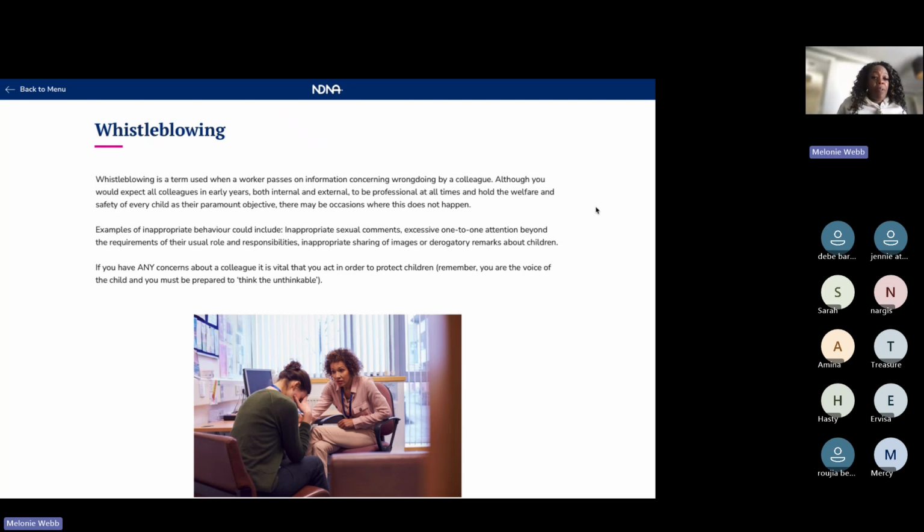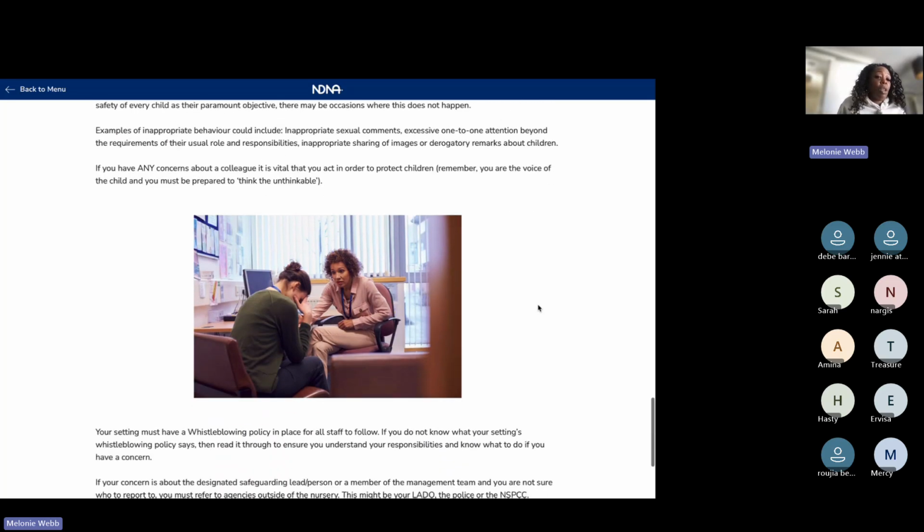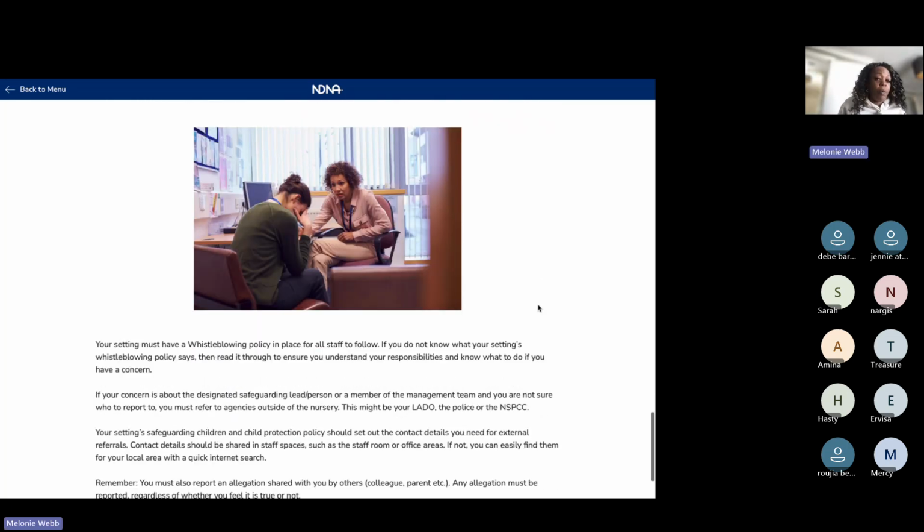Examples of inappropriate behaviour could include inappropriate sexual comments, excessive one-to-one attention beyond the requirements of the usual role and responsibilities, inappropriate sharing of images, or derogatory remarks about children. If you have any concerns about a colleague, it's vital that you act in order to protect children. Remember, you are the voice of the child and you must be prepared to think the unthinkable, unfortunately.